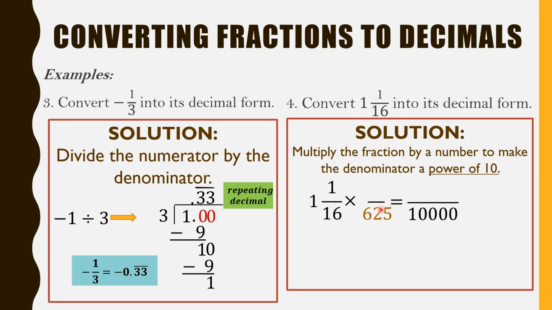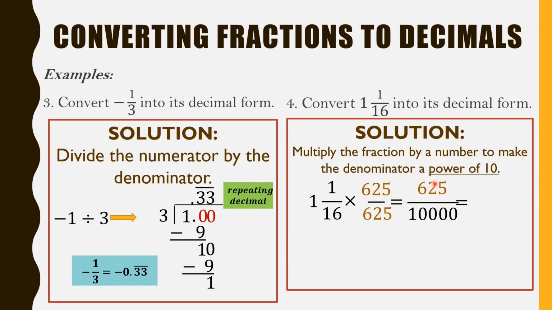And we are going to multiply that as well with our numerator. Okay, so we are going to disregard 1 first and multiply only 1 and 16 by this fraction. So 16 times 625 is again 10,000, and we have 1 times 625 is equal to 625.